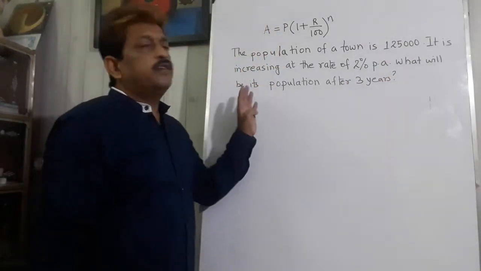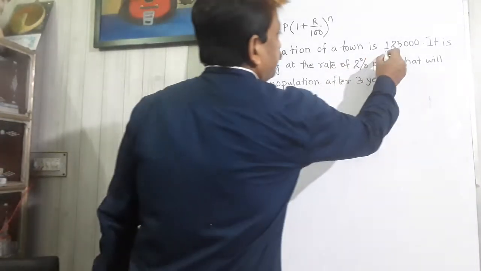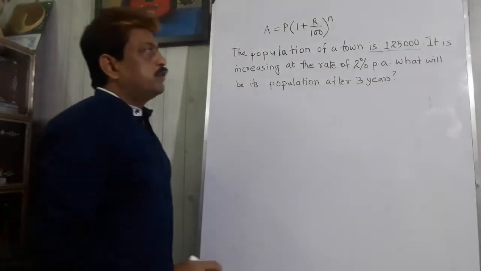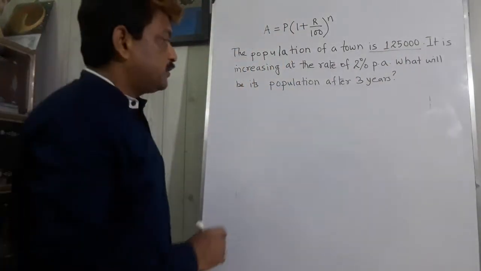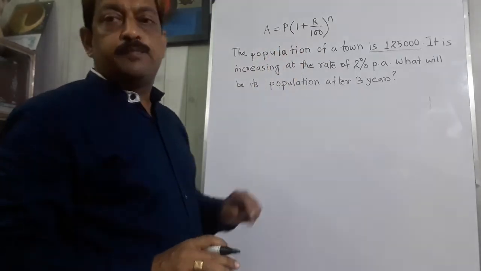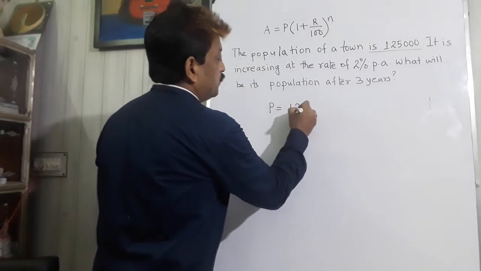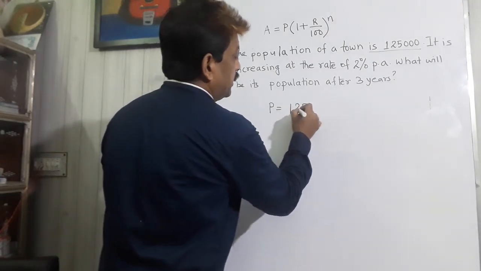Therefore, first of all, we have to gather all the information in the question. The population of a town is 1,25,000. It is the initial population. Let the initial population be P. So P is equal to 1,25,000.